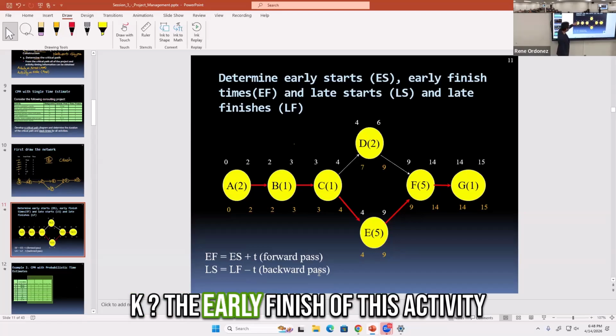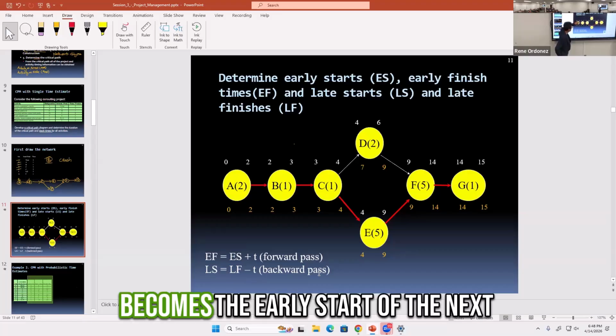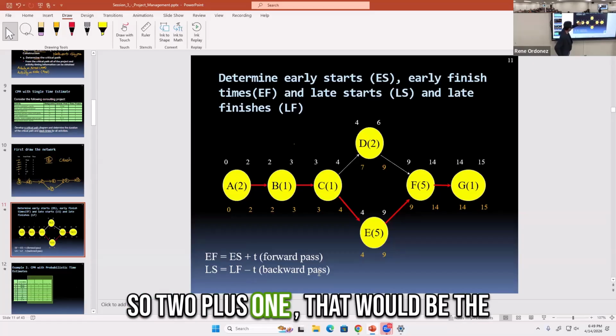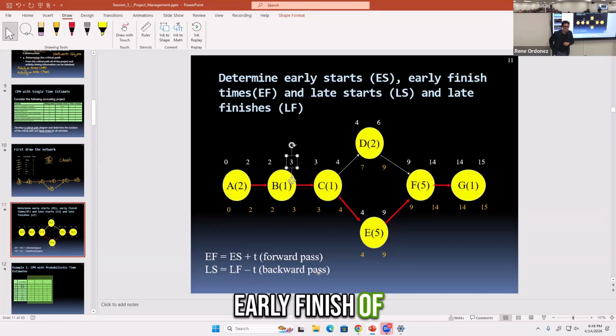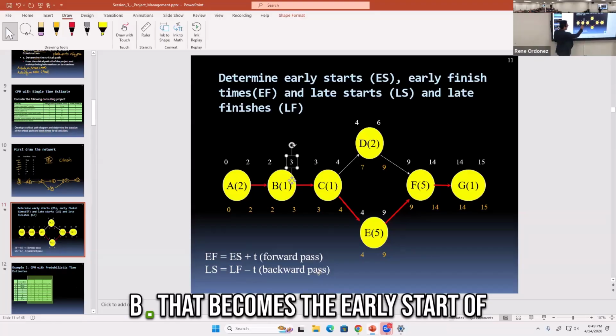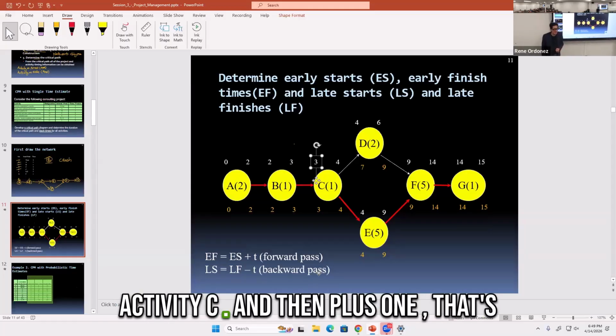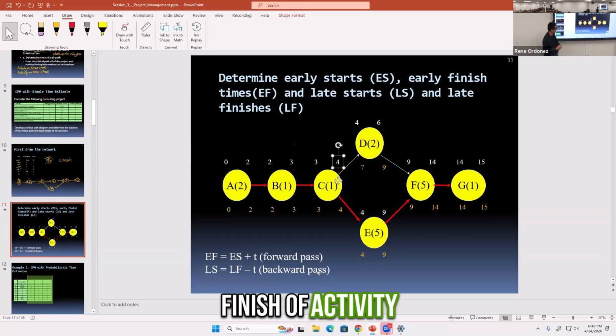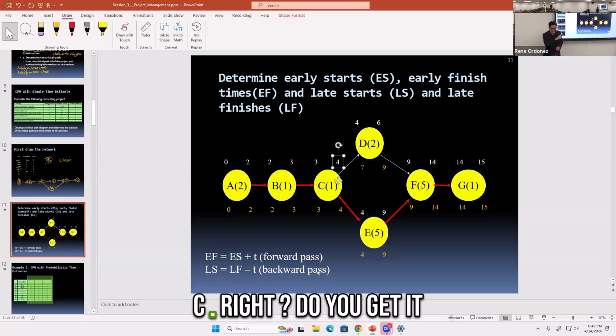The early finish of this activity becomes the early start of the next activity. So 2 plus 1, that would be the early finish of activity B, and that becomes the early start of activity C. And then plus one, that's the early finish of activity C. Right, you get it?